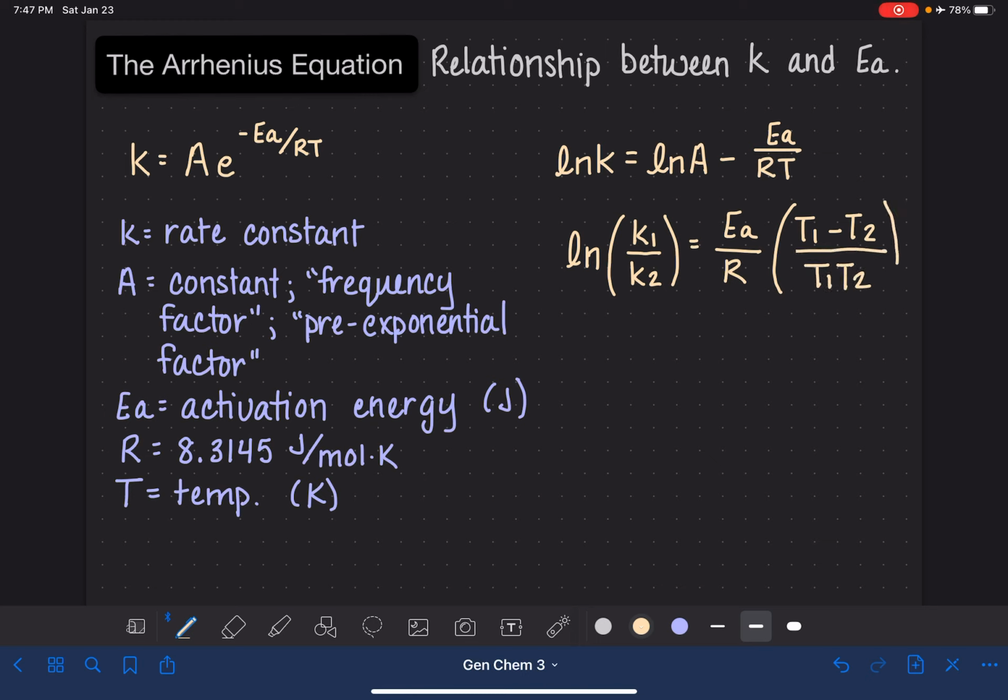Notice that A is missing from this equation. It's gone. So again, this is the type of equation that you would use if you wanted to know how changing a temperature has an effect on the rate constant of the reaction.